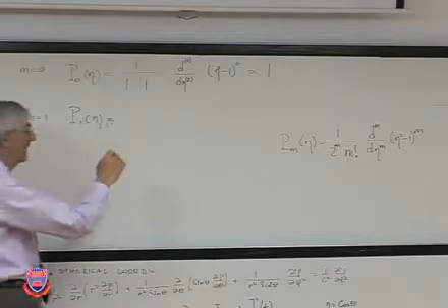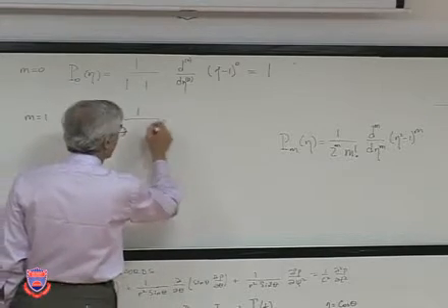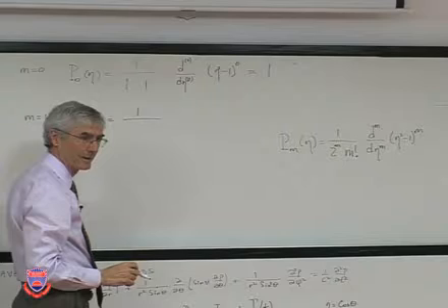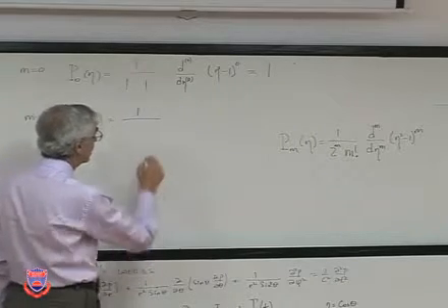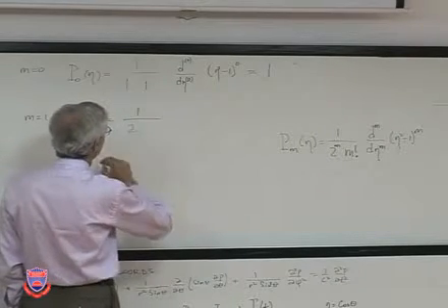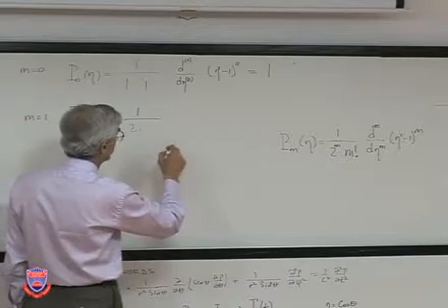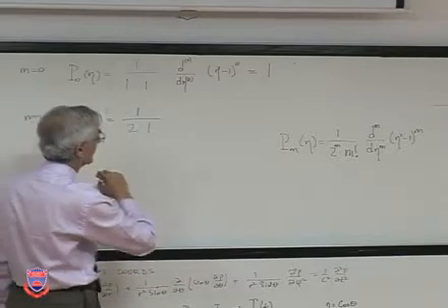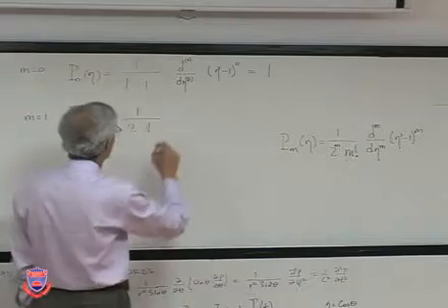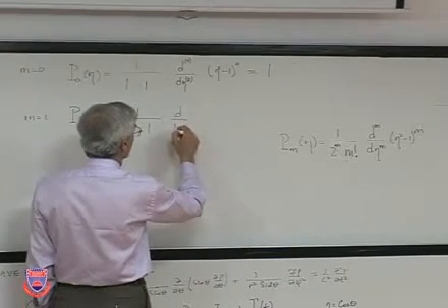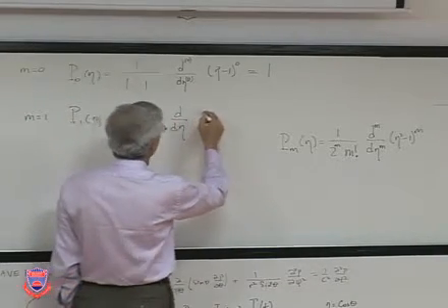So m equals 1. Now it's getting complicated. 2 to the 1. This is 1. Am I making a mistake? No, not yet. d over d theta.